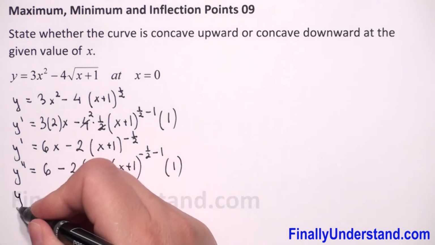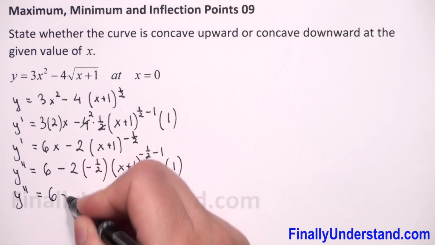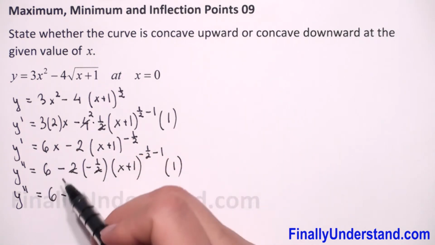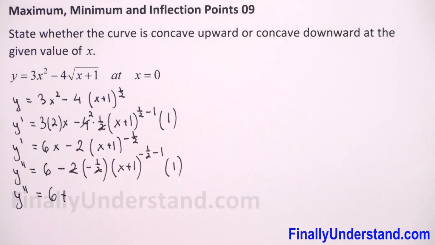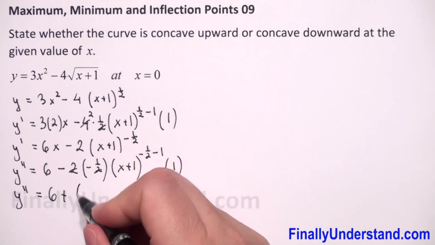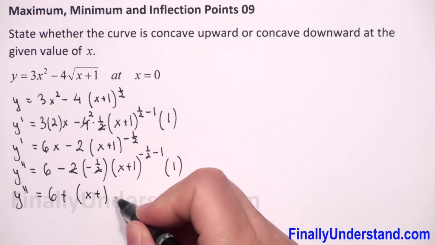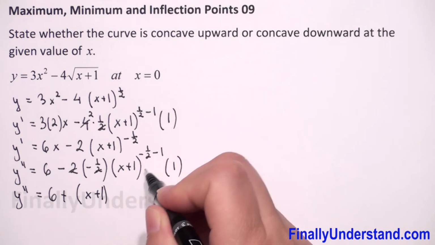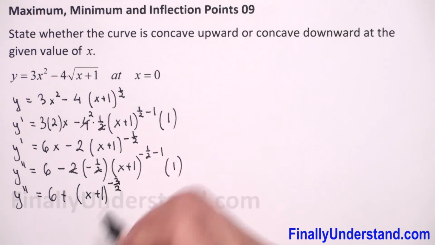So the second derivative is equal to 6 minus 2, and the 2s will cancel, and negative times negative gives us positive, times (x plus 1) to the power negative 3 over 2.